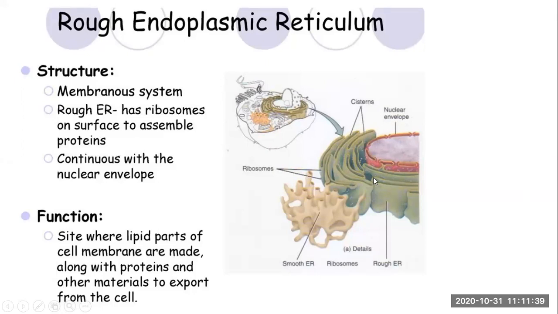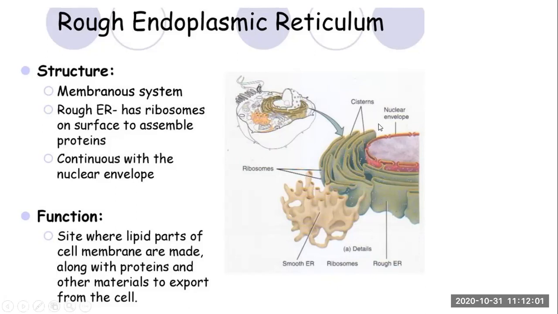Through this endoplasmic reticulum, the molecules can travel in the membrane flow with these ribosomes, with the help of this rough endoplasmic reticulum, that is the membranous system, and continuous with the nuclear envelope.